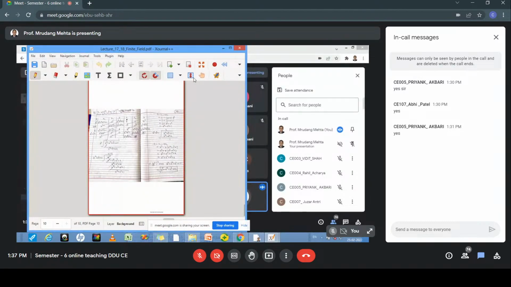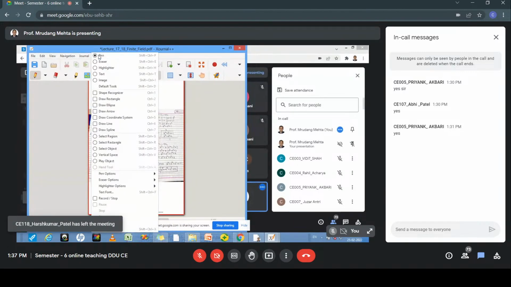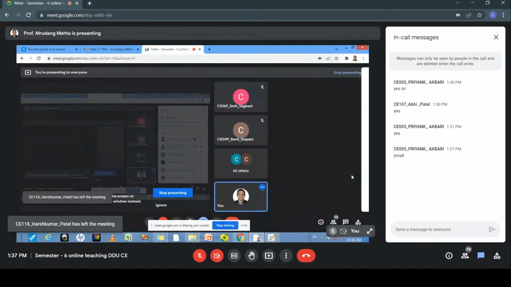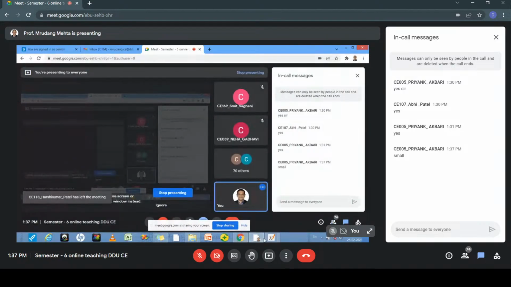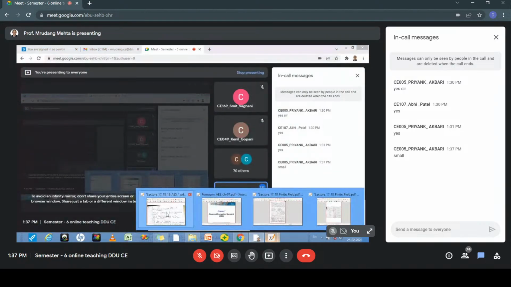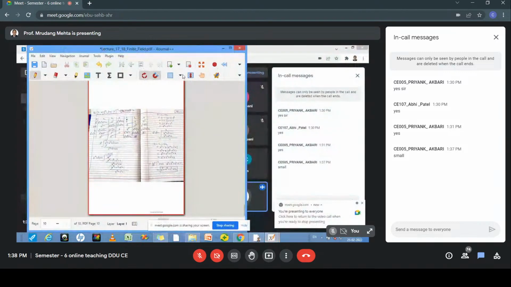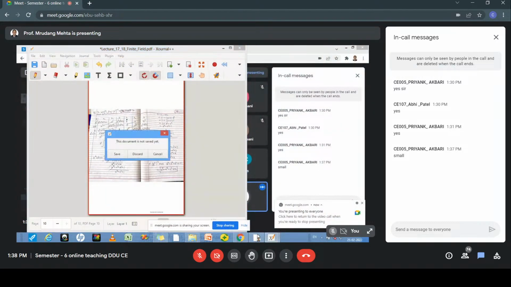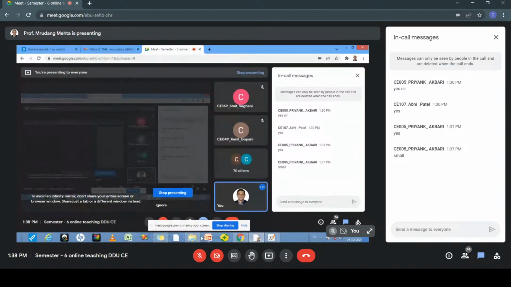Okay, can you see this slide? Is this readable or is it small in size? Okay, in that case, I will go ahead with the same file.